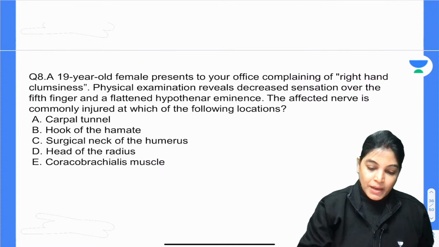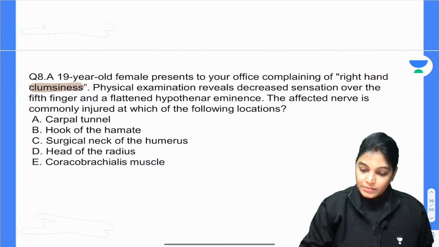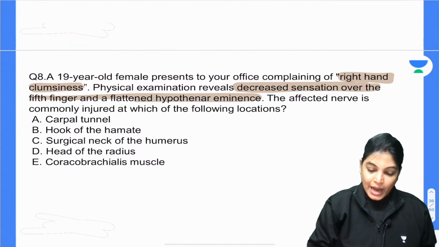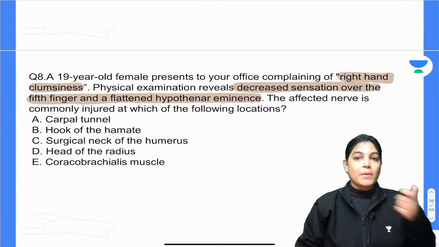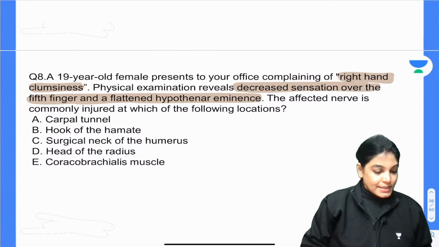So let me highlight the key points: right hand clumsiness, decreased sensation over the fifth finger and hypothenar eminences. So which is the commonly affected nerve and which will be the correct answer? My dear aspirants, 30 seconds I will give to you.